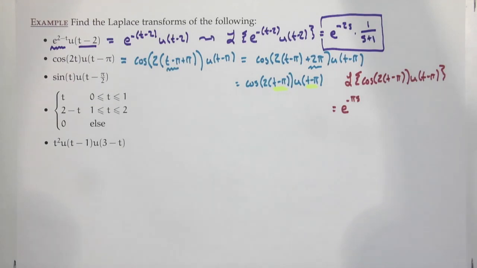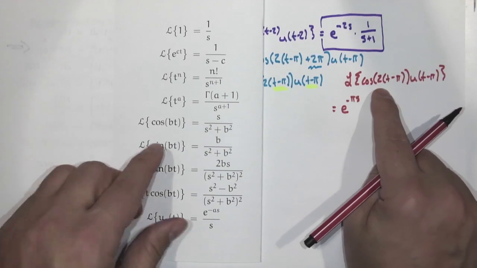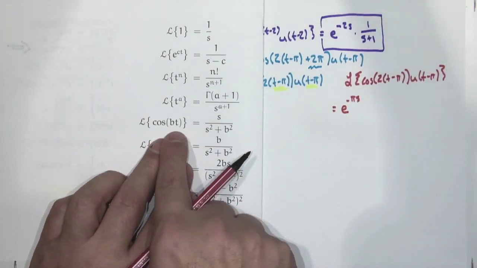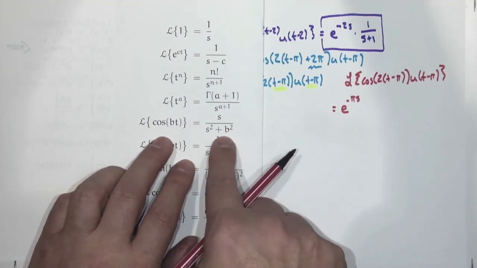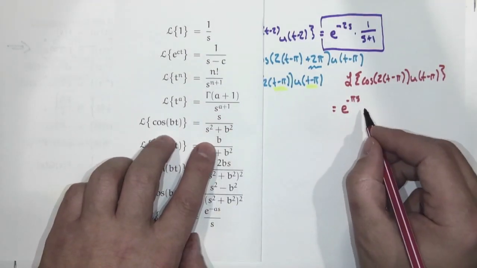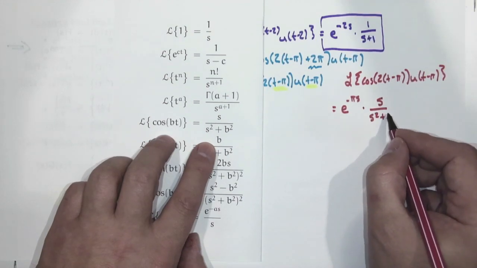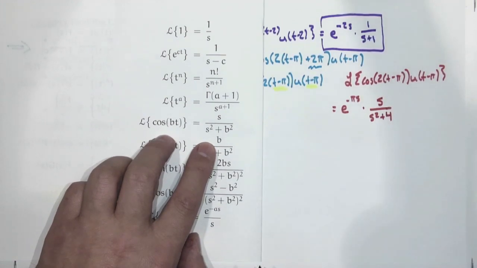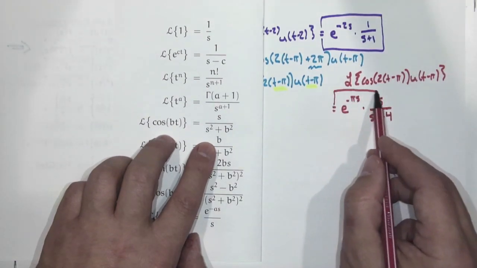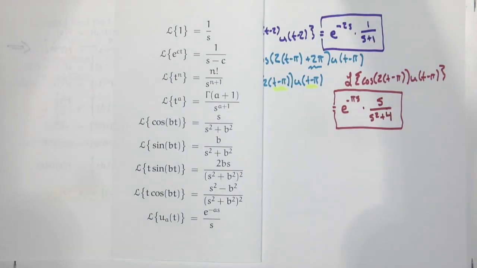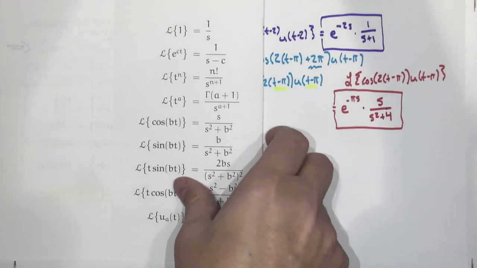We're going to clue off of just cosine 2t. So we come to our chart and say, okay, cosine 2t would be what? Well, cosine of bt is s over s squared plus b squared. So cosine 2t is s over s squared plus 4. So far, so good?